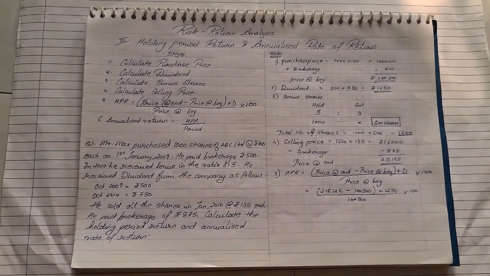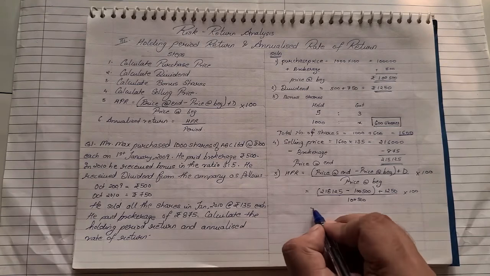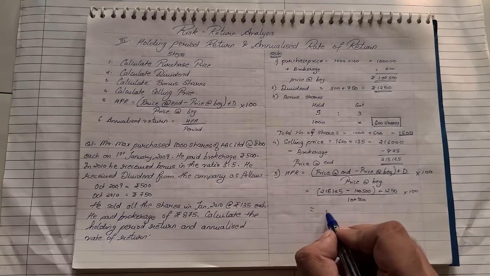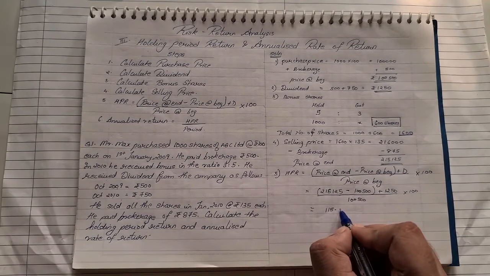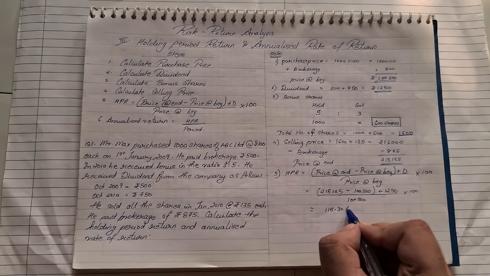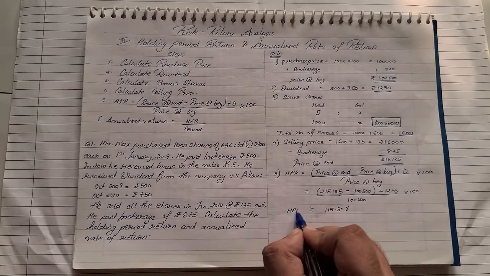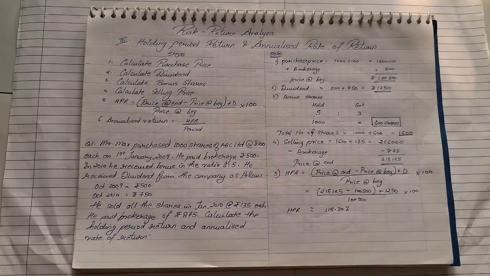Now by solving these values, we have 215,125 minus 1,05,000 plus 1250 divided by 1,05,000 into 100, the value comes to 115.29 something, so we'll round it up to 115.30. So my HPR is 115.30.